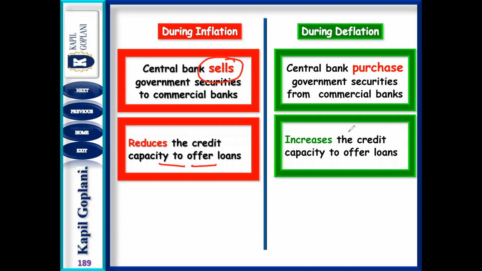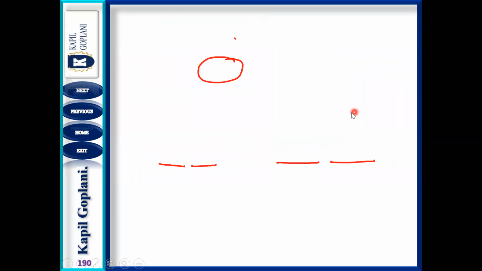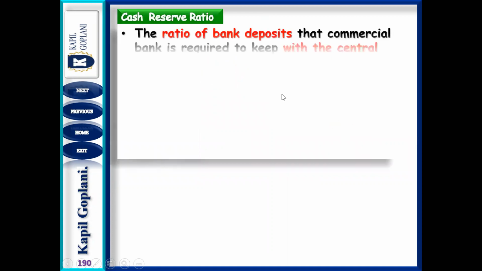The commercial bank has more liquidity, and in that case, it increases the capacity to offer loans to the public. So simple. At the time of inflation, RBI will sell the government securities, and at the time of deflation, RBI will purchase the government securities. That is open market operation.